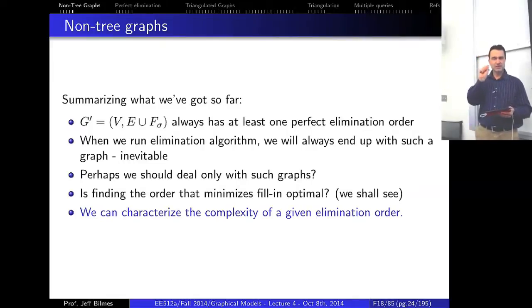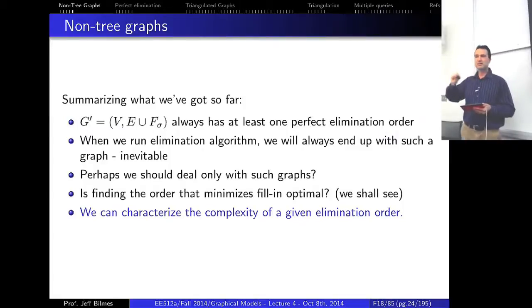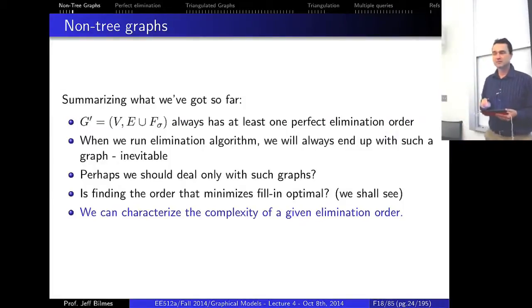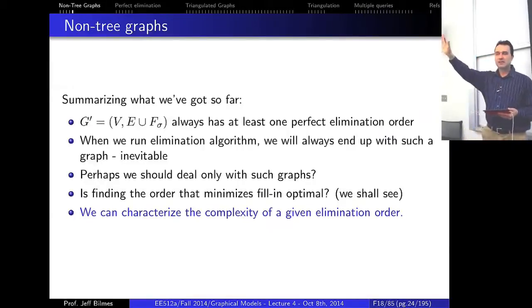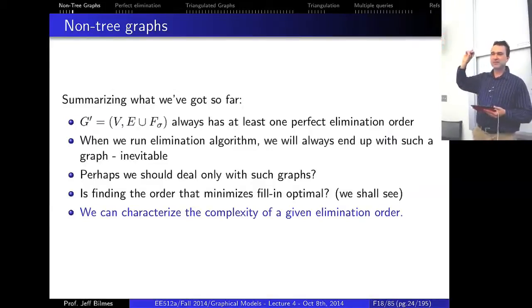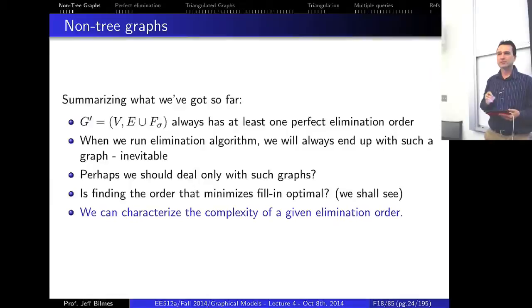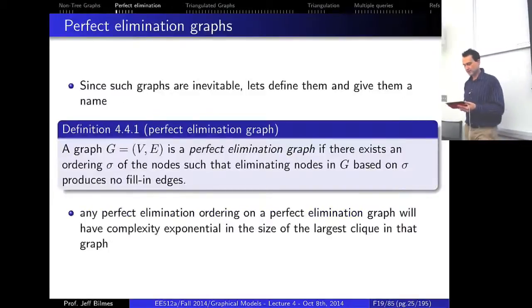But it's problematic because if you use a greedy strategy, that may not be good, because at some point you get to this point where suddenly you have this vast army of neighbors, and you have to eliminate that variable, and you're stuck with the decisions that you've made up to that point. So greedy doesn't always work.